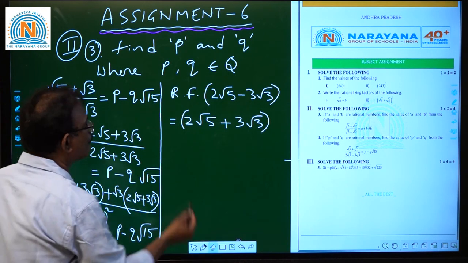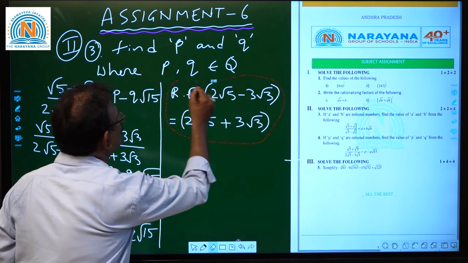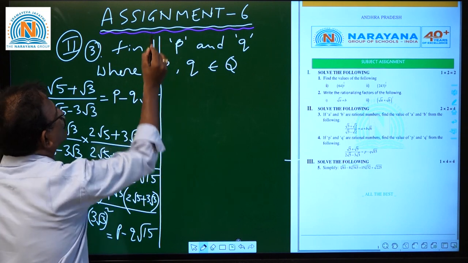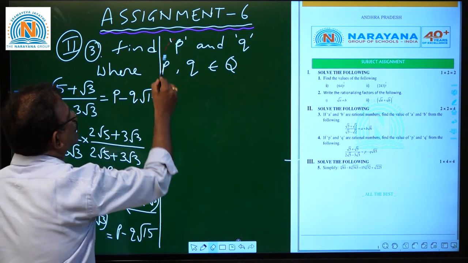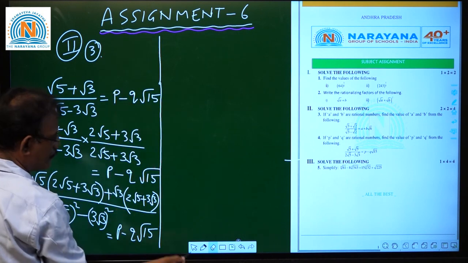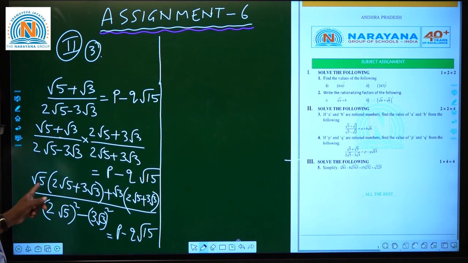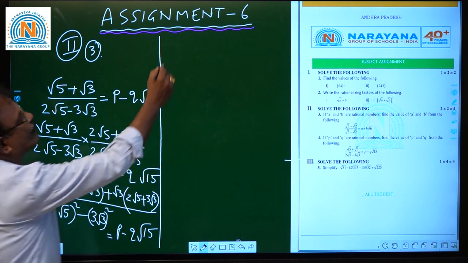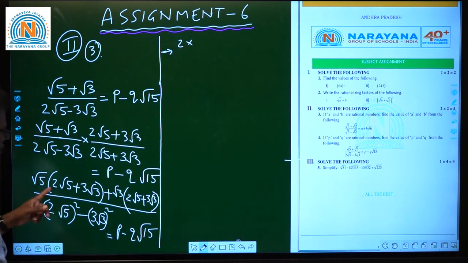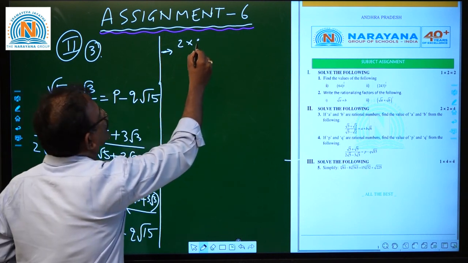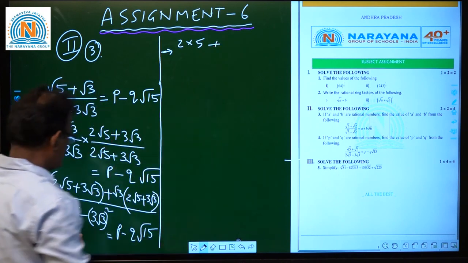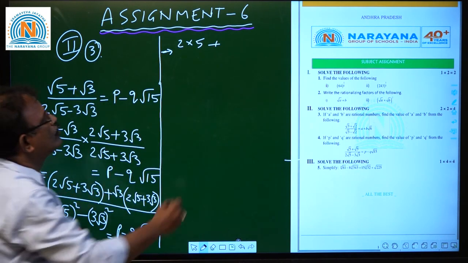Now, so √5 into 2√5, 2 into √5 into √5, the roots getting cancelled, 5, plus 3 into √5 into √3.